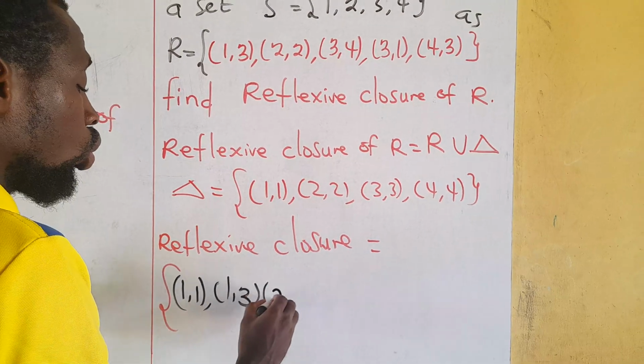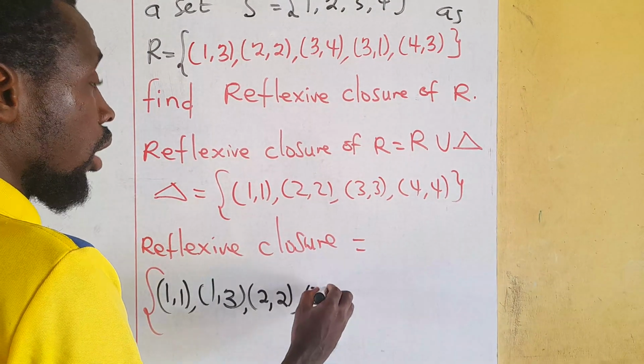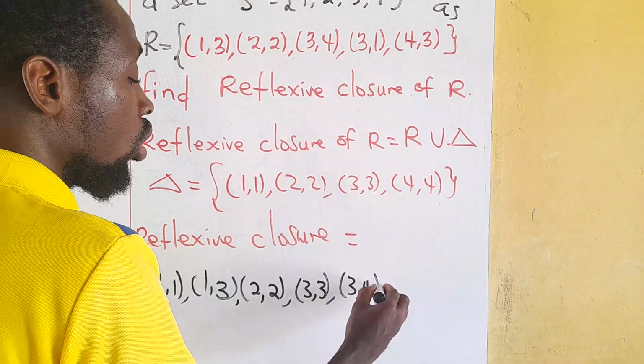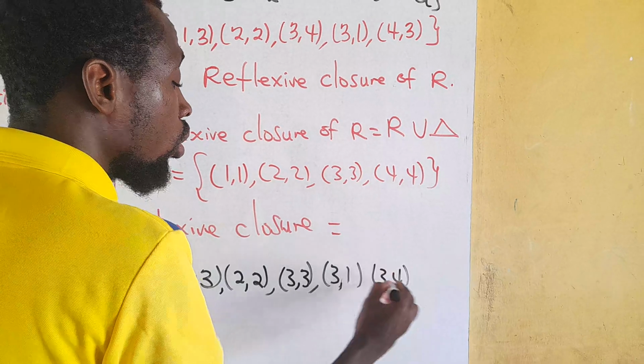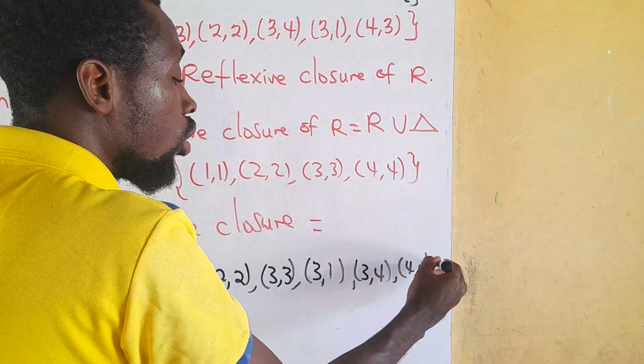We'll have (2,2), we'll have (3,3), (3,1) first, then (3,4). We have (4,4), then (4,3).